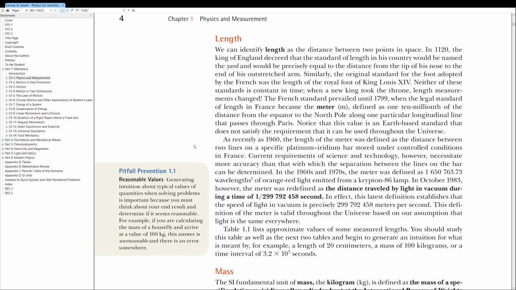The meter, some people think it's some magical number. It's supposed to be a 10 millionth of the distance from the equator to the North Pole, along a line that passes through Paris. They didn't quite get it right. It was close, but it wasn't quite right. For the longest time, there was a specific bar of metal that was the meter, right?